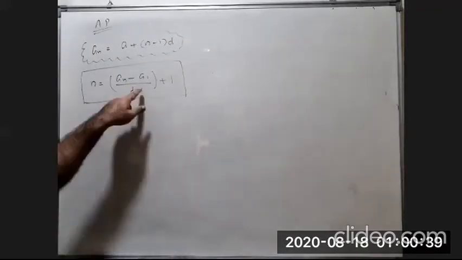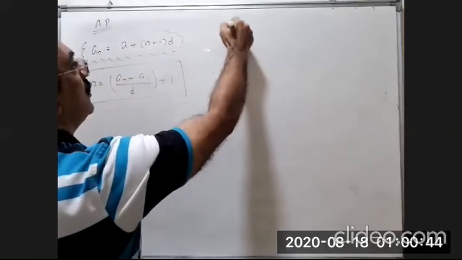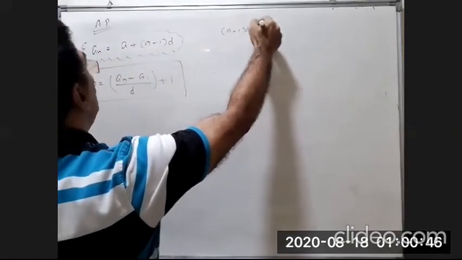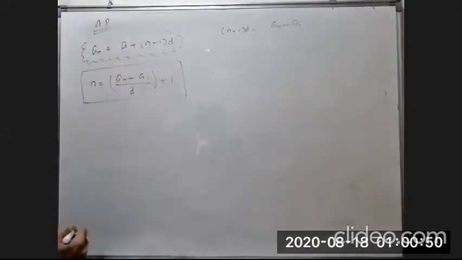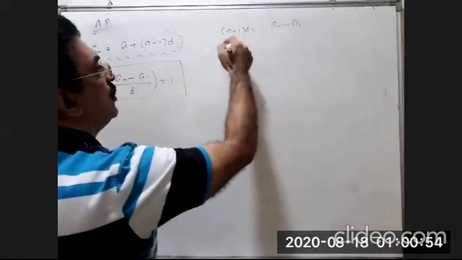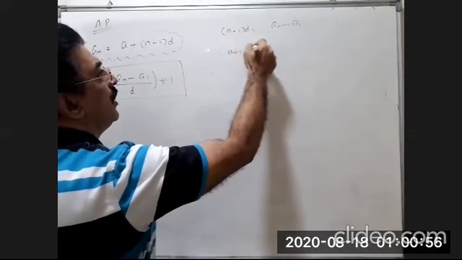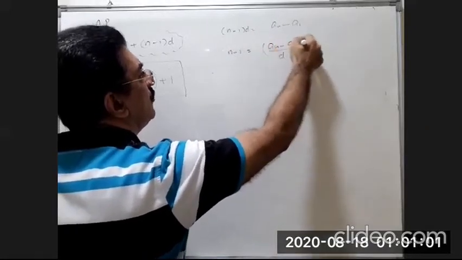See, actually this formula is derived from this one. How? n minus 1 into d is An minus A1. A means A1 only. If you take d to the other side, n minus 1 will be An minus A1 by d.